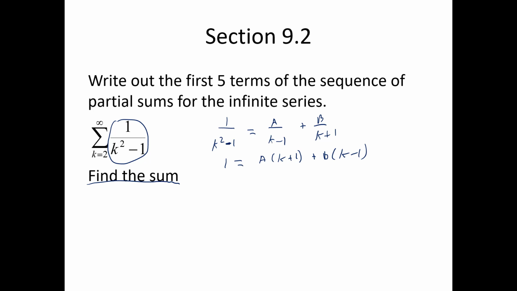So if we let k equal -1, then this will go away and you will get -2b equals 1. And so then b is equal to -1/2.